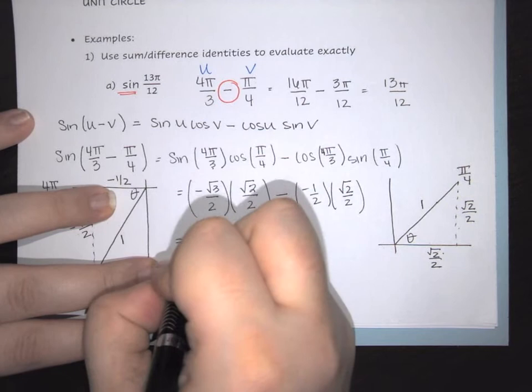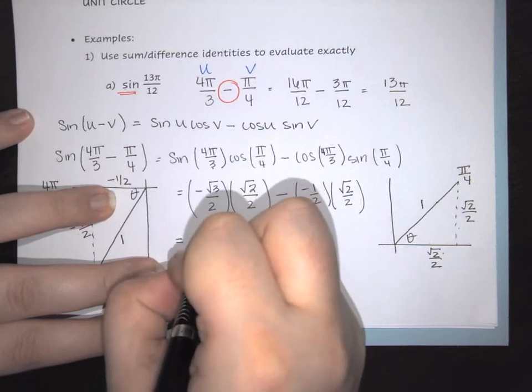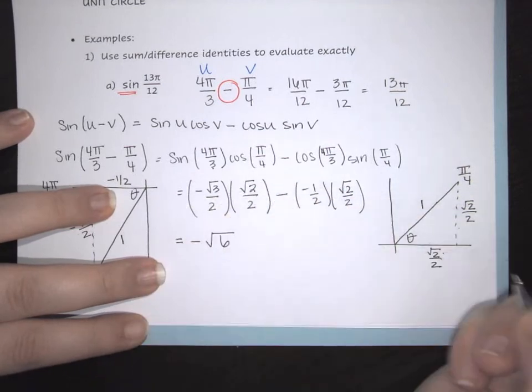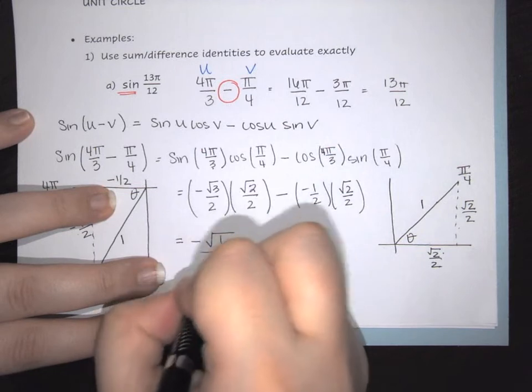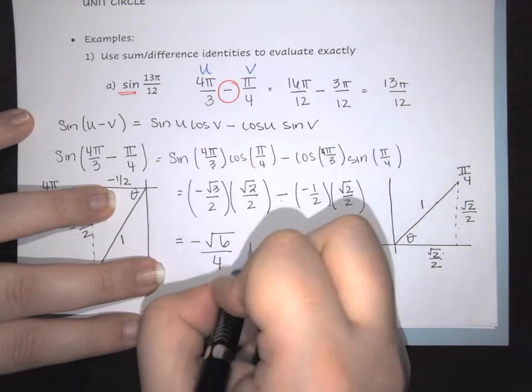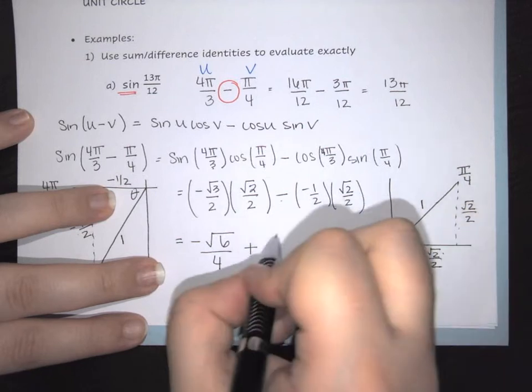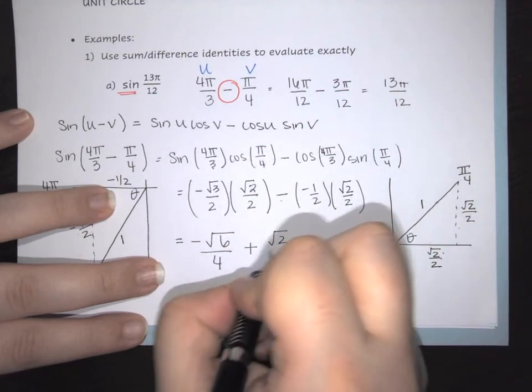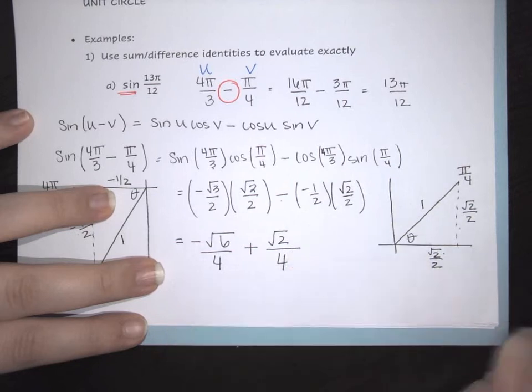Across the top, I have a negative square root of 3 times the square root of 2 becomes square root 6. 2 times 2 is 4. Here I have minus a negative. This becomes positive. 1 times the square root of 2 is the square root of 2. 2 times 2 is 4.